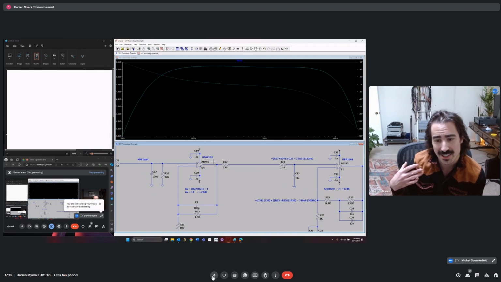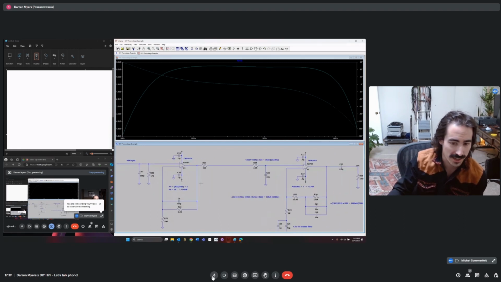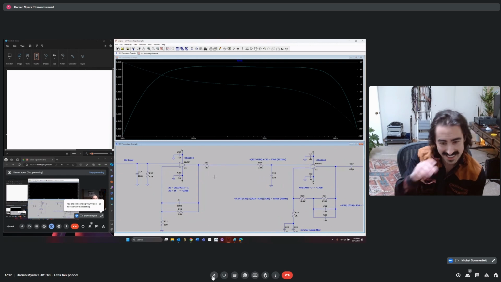But the OPA2134 is more than enough. It's not going to be audible noise, and so it has been used in probably hundreds, if not thousands, of phono stage designs.